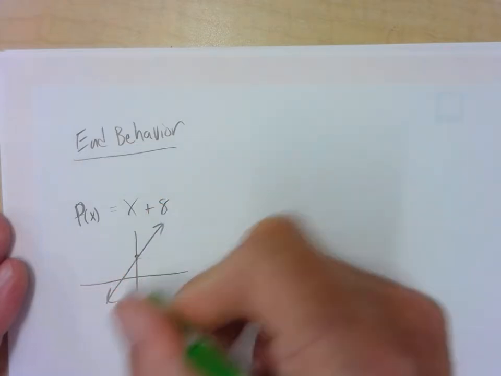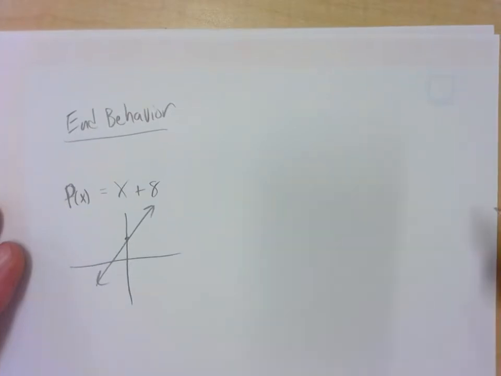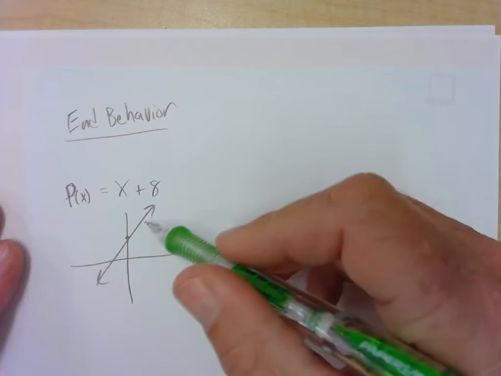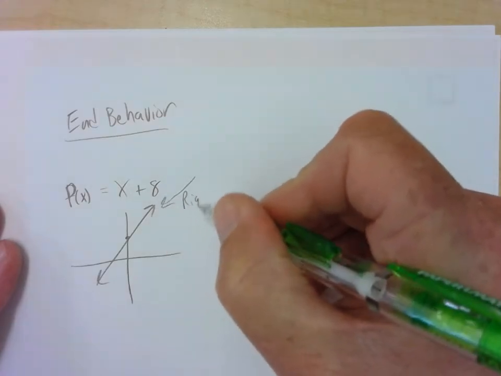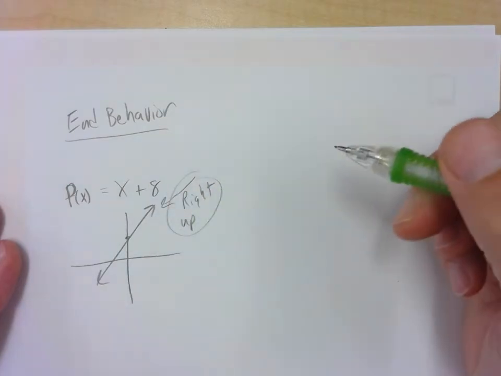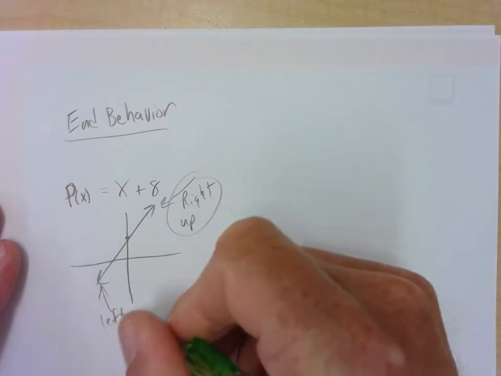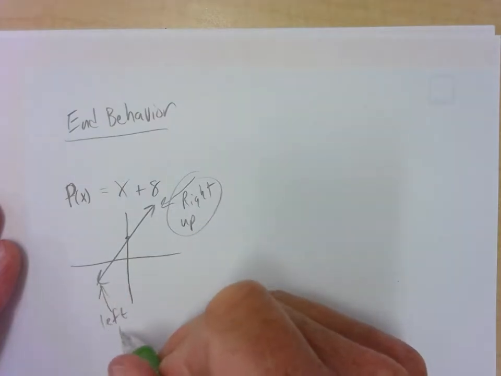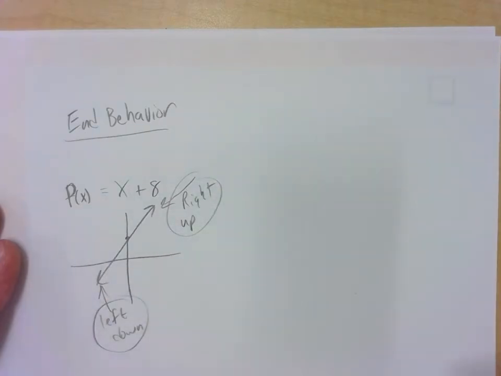It starts at 8, with a slope of 1. It's not drawn perfectly, but that's just the idea. That's the end behavior of the function. If you look at the right side of this, it's going up. The left side is going down. So on the left side it's going down, on the right side it's going up.